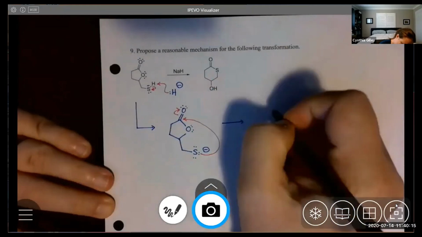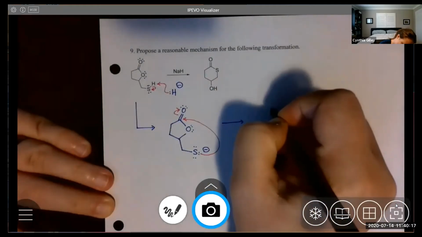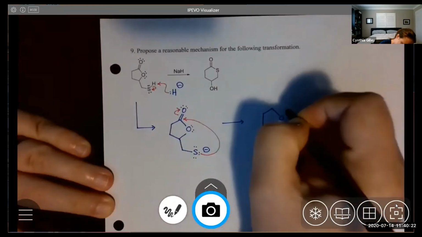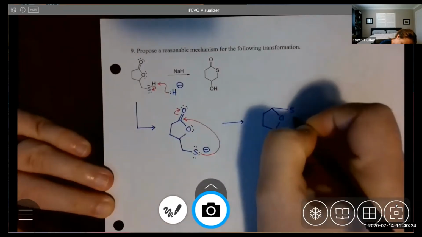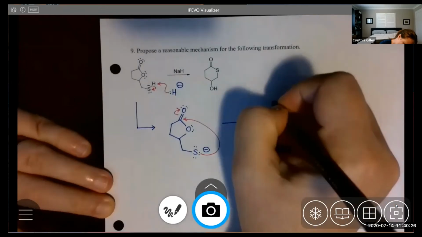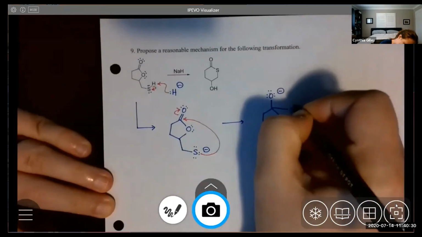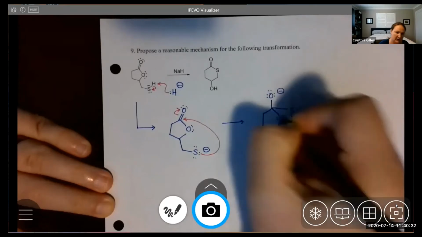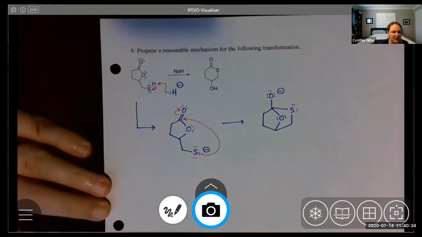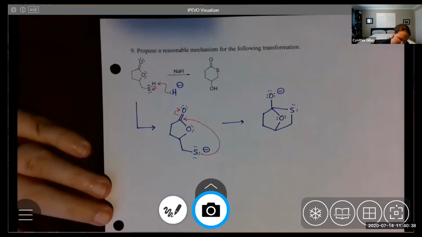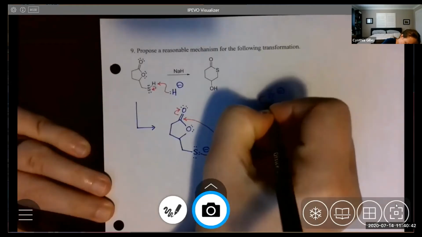So to be careful here, we can kind of draw it like this. Have this bicyclic ring intermediate, which can do lots of leaving group.